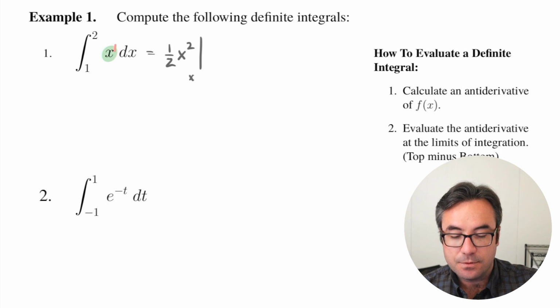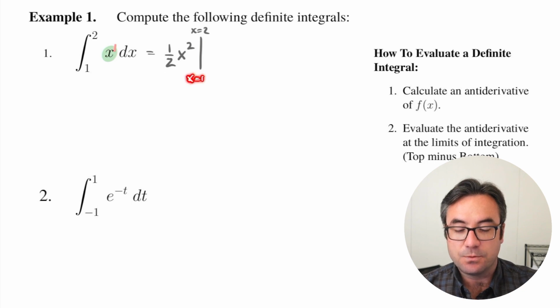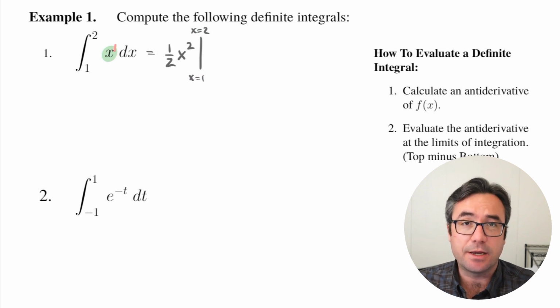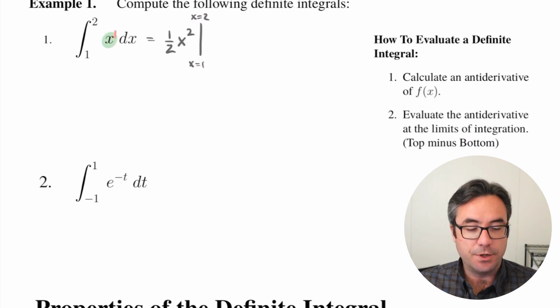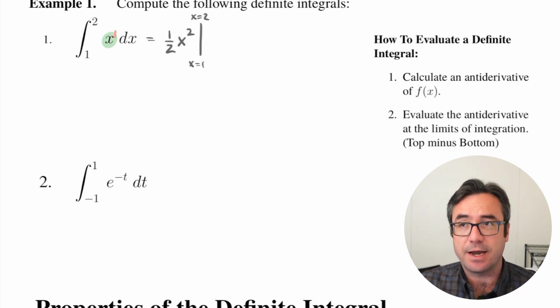And once we have our antiderivative, we put this vertical line with x equals 1 and x equals 2 to indicate that our next step is to actually plug in and evaluate. And that's step 2. We're going to evaluate our antiderivative where we plug the top number in first, the bottom number in second, and then subtract.